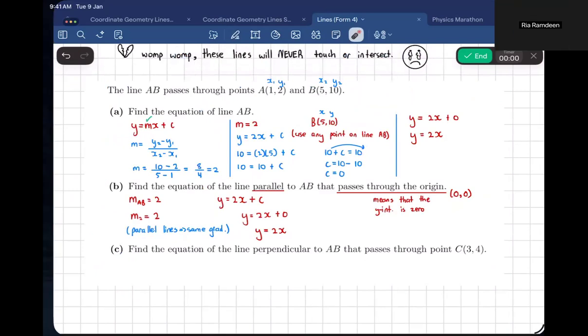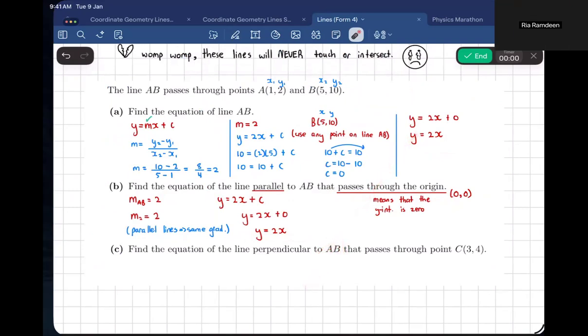So Ria, I have a question here. You notice that the equation of the line parallel to AB passing through the origin is the same equation as the first one. You see that? So think back to vectors. When we were doing vectors, we came across this term called collinear. Collinear vectors are vectors that are on top of each other in the same direction.